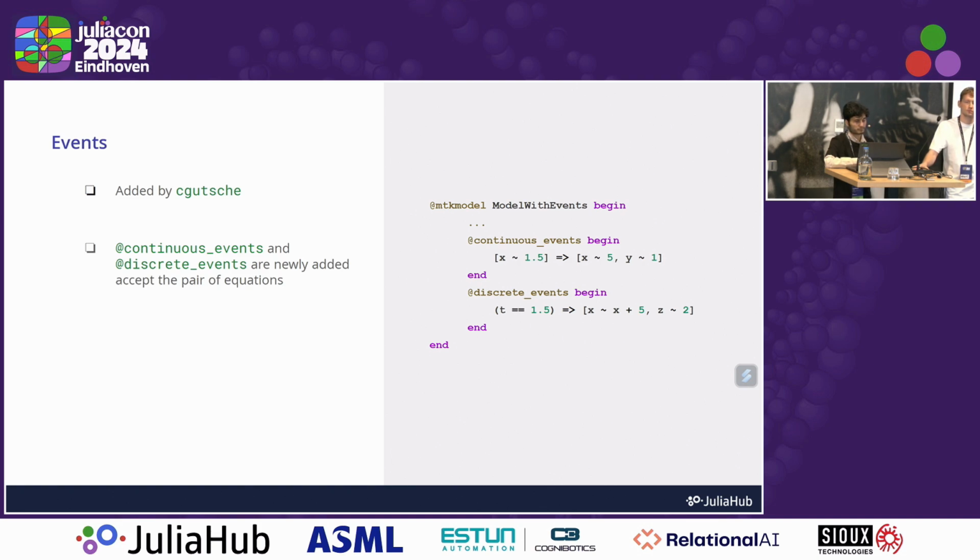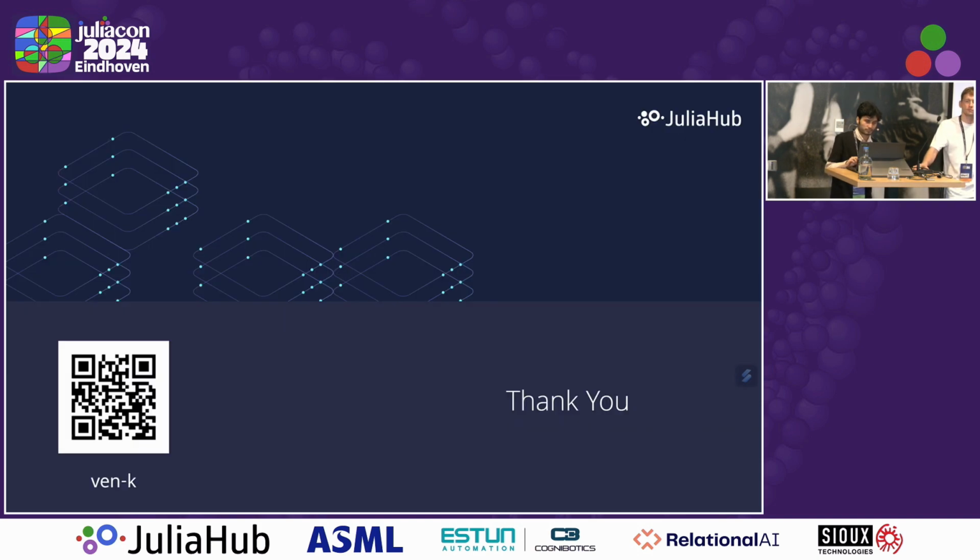Some of these more efficient compilation processes have not been done yet on hybrid systems, but this is a very big topic within JuliaHub right now, and so we are going to be doing a lot of work on the Modeling Toolkit compiler with that. Another aspect is the connection between structural simplification and hybrid systems.